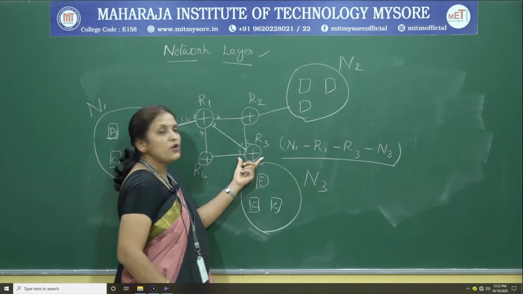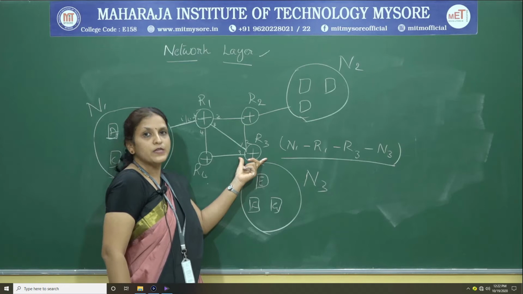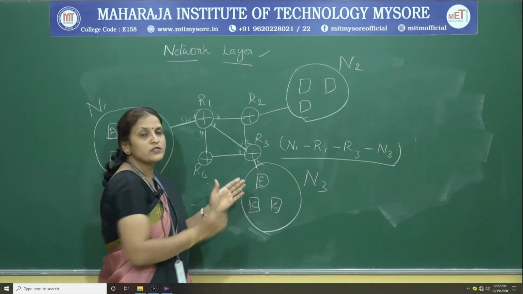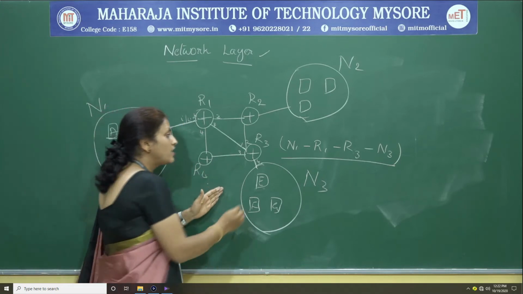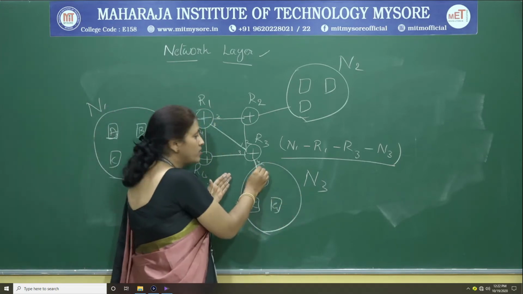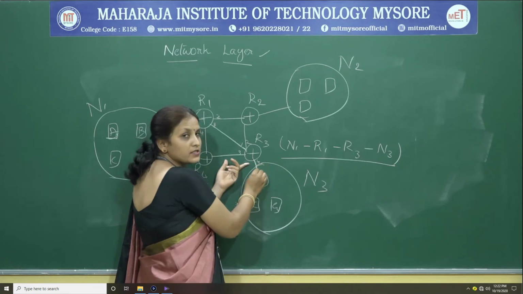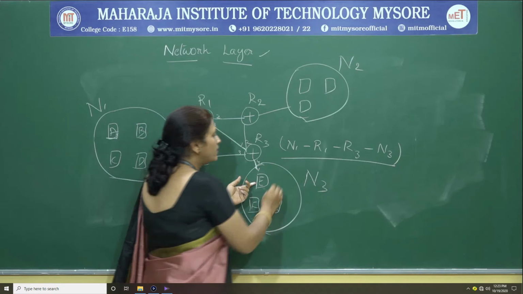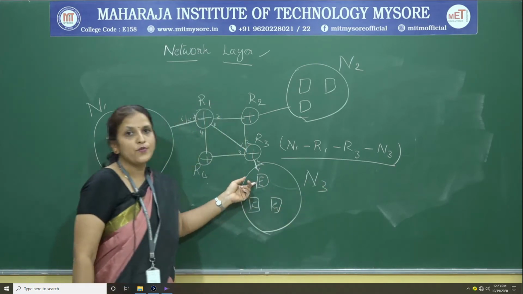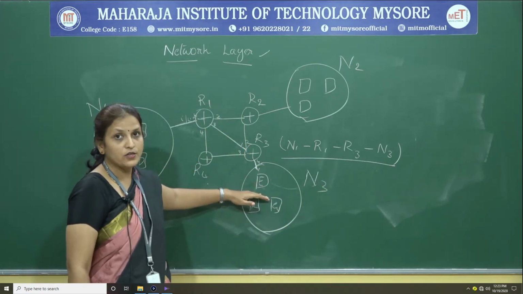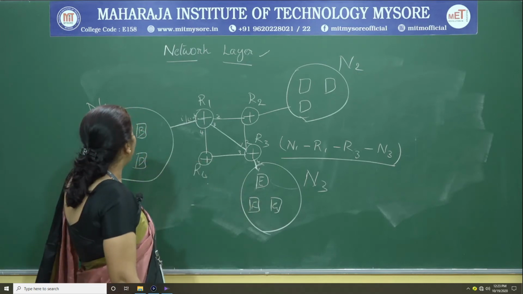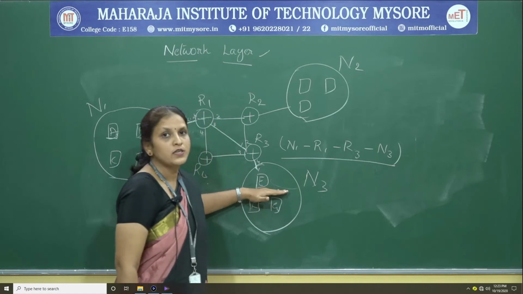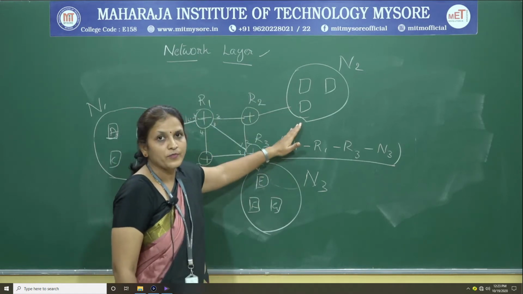Depending upon the destination address specified, R3 will determine that the host to which the data has to be sent is residing in this particular network. So this is the nearest router for this network. It will push that to the respective host, and then that will be further pushed to the respective process in that particular host. So this is how data from host A is transferred to host E through a network.